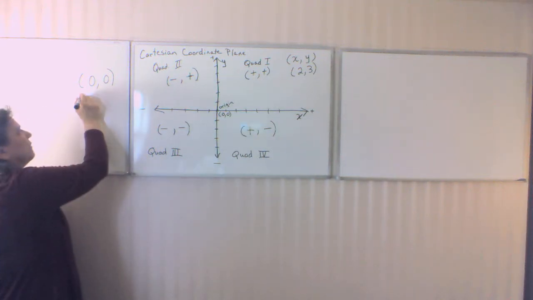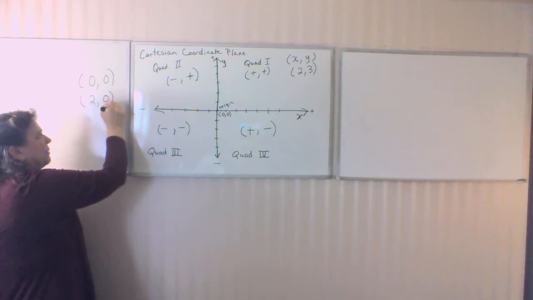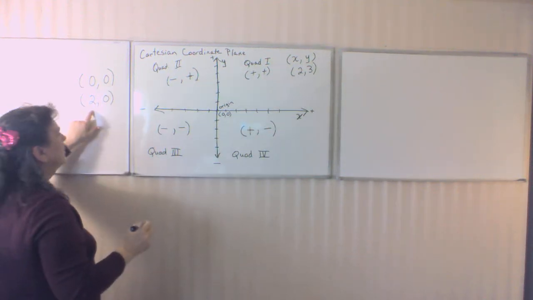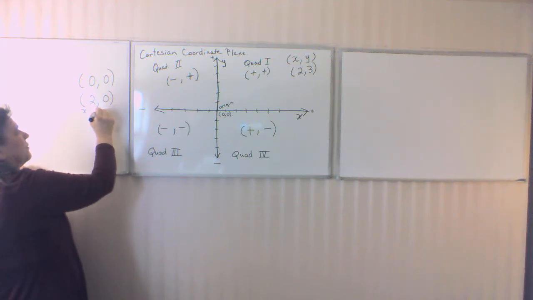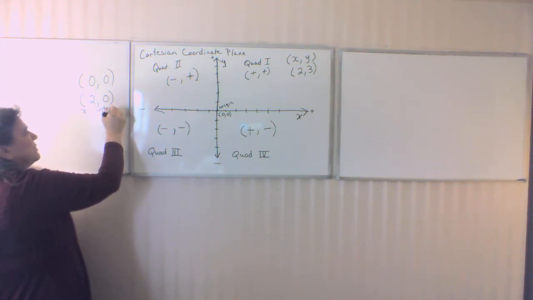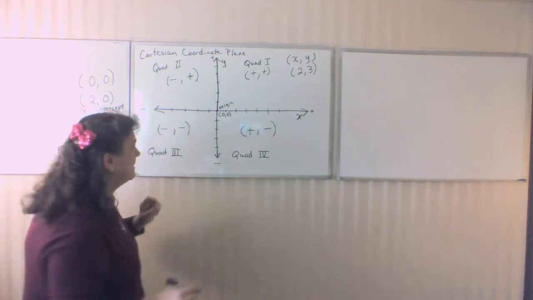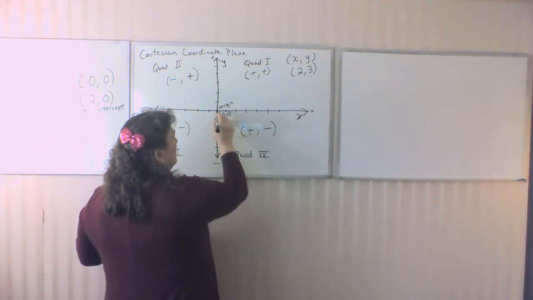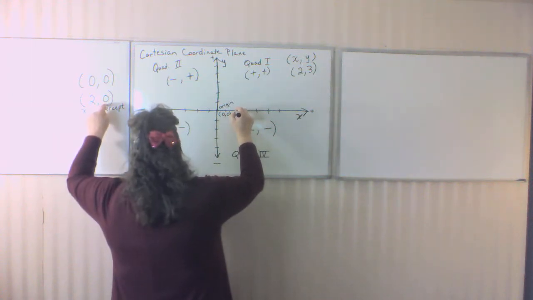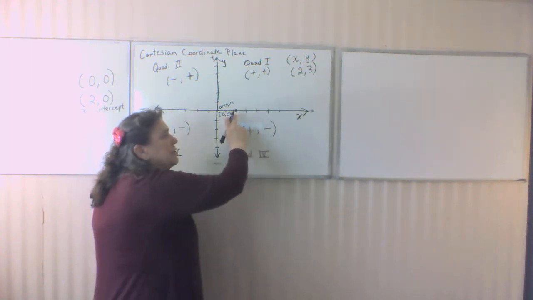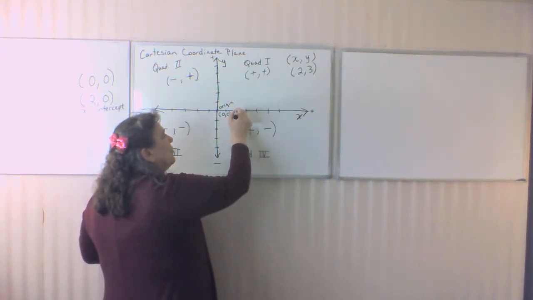Now, if we have a (2, 0) ordered pair, this is called an x-intercept. The reason it is an x-intercept is because it is on the x-axis. The 2 says move from the origin 2 to the right, and there is no up or down movement. So you stop right there, and that gives you your ordered pair (2, 0).